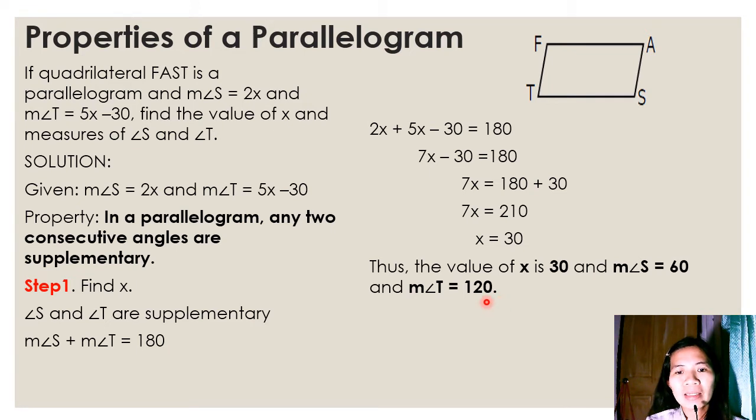If we add the measure of angle S and angle T, 60 plus 120 equals 180 degrees. So they are supplementary.